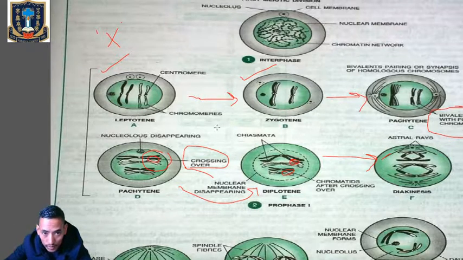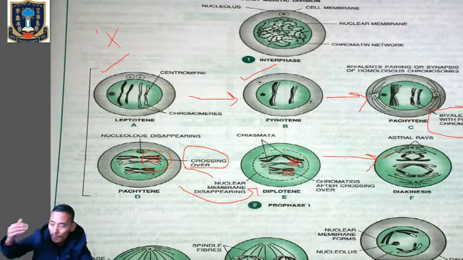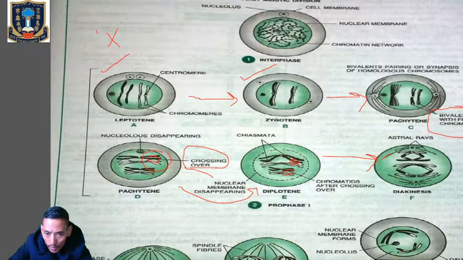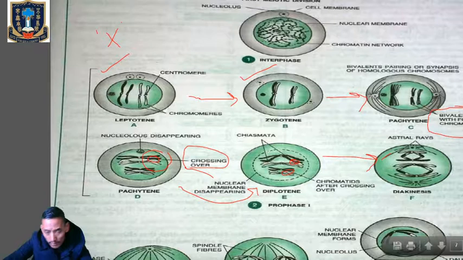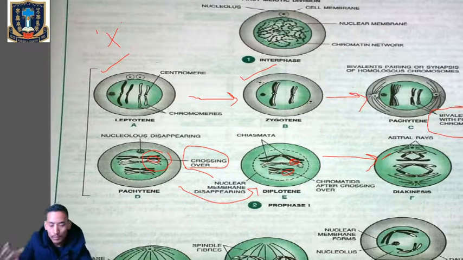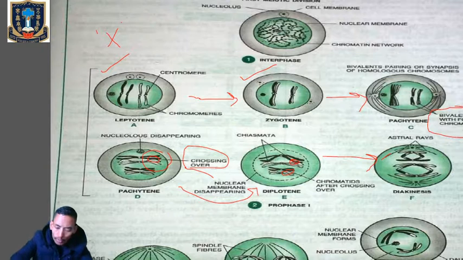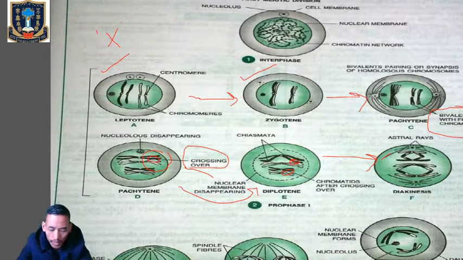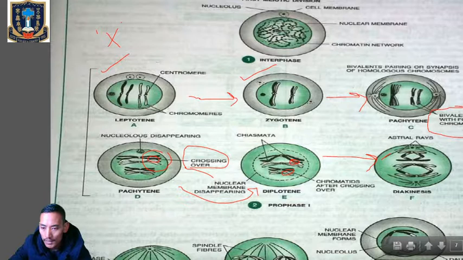Here you can see the nuclear membrane was there, but as we move from leptotene to zygotene, pachytene, diplotene, the nuclear membrane slowly starts to disappear, and in diakinesis it will totally disappear. Diakinesis represents the transition to the next phase, which is called the metaphase.